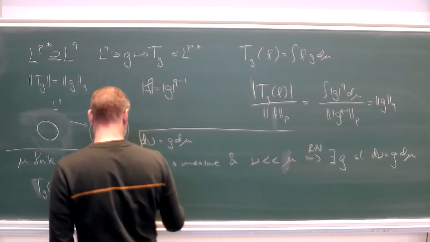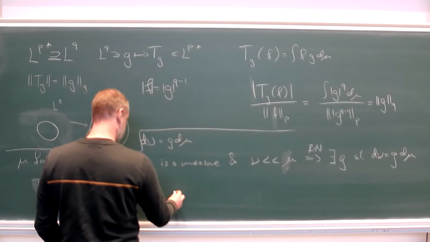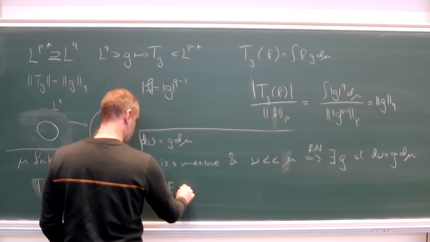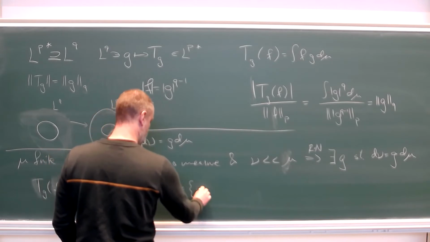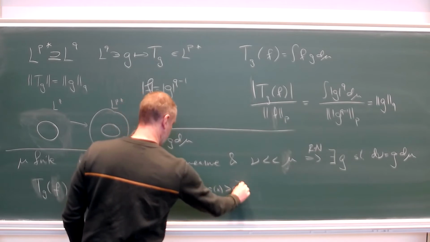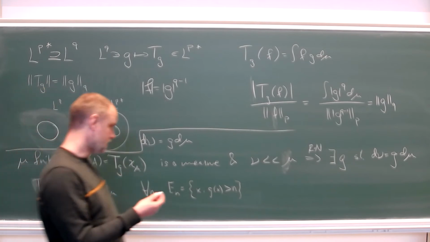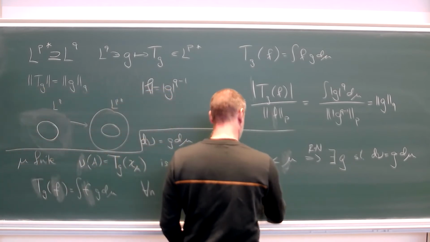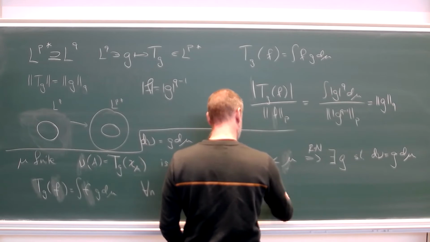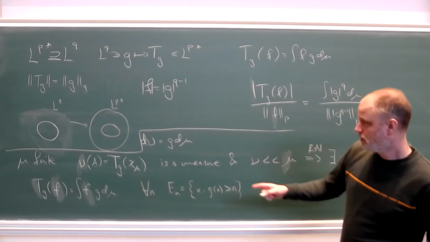So what we're going to do is, for all n, you look at En to be the set of x such that g of x is bigger than n. All right? And now you define this measure Vn of A, and now we repeat the whole thing.